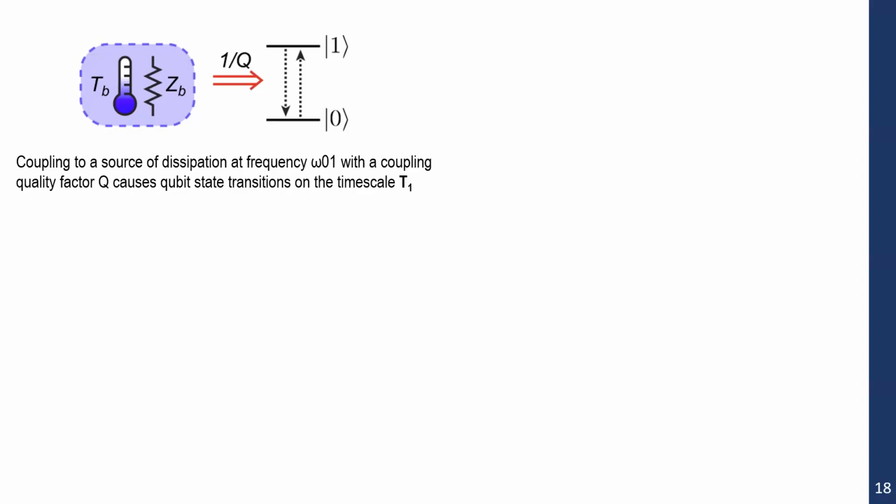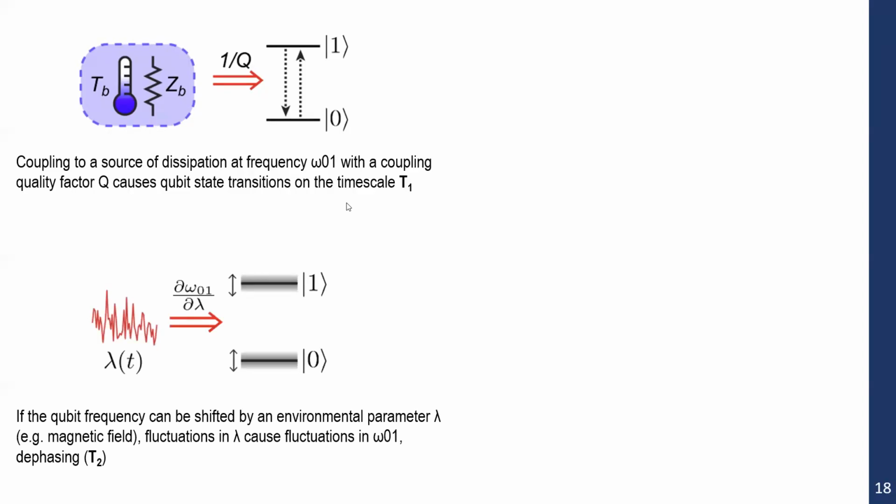All these factors lead to transitions. For example, if I excite my qubit from state 0 to state 1, it will transit back after time T1. This has also been discussed in the course. This T1 corresponds to the population decay time, when my qubit decays from the excited state to the ground state.